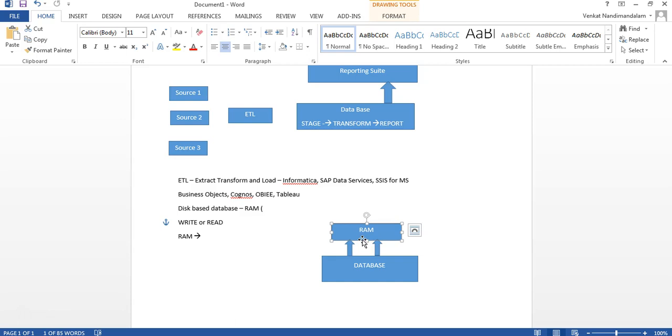So now we have to think, are we using the latest technologies or the latest innovations that have occurred in the computer world in our existing databases or in our existing data warehousing applications? Definitely the answer is no. Why?